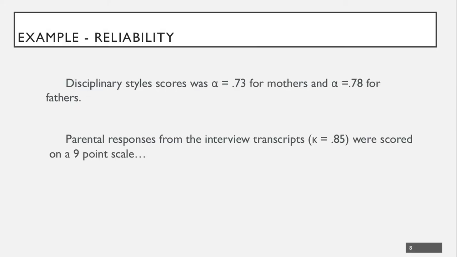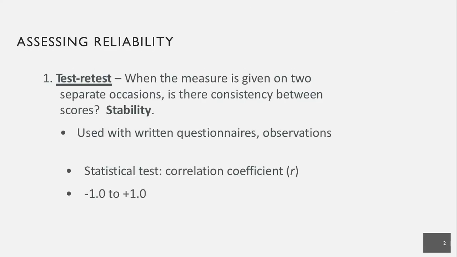Okay, so here are some examples. Disciplinary style scores had an alpha of 0.73 for mothers and an alpha of 0.78 for fathers. So the alpha, that's for inter-item reliability. Remember, let's go back.